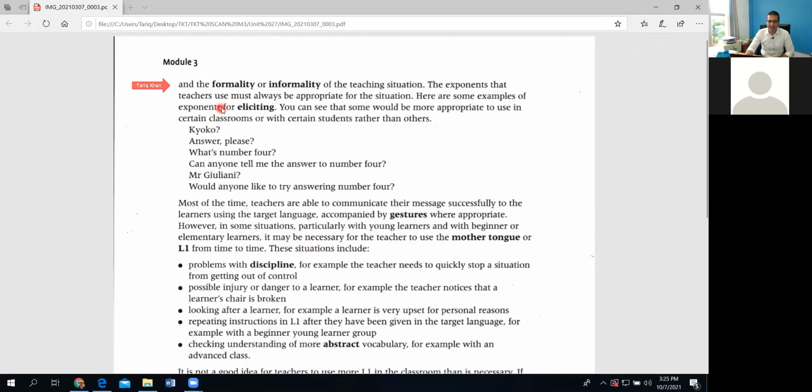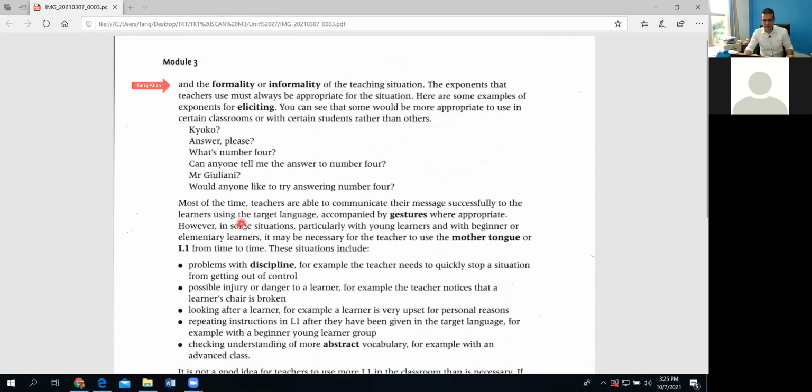The exponent that teachers use must always be appropriate for the situation. Here are some examples of exponents for eliciting. You can see that some would be more appropriate to use in certain classrooms or with certain students than others. "Yoko, answer please." "What's number 4?" "Can anyone tell me the answer to number 4?" "Would anyone like to try answering number 4?"